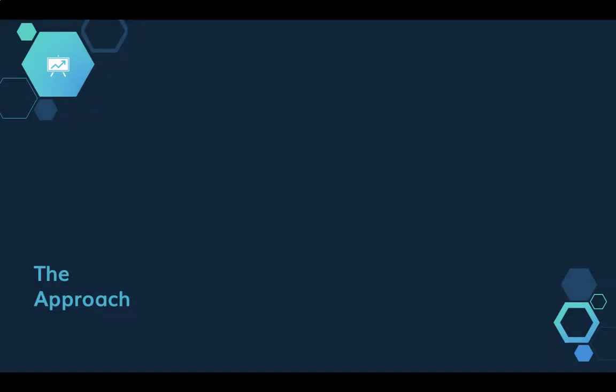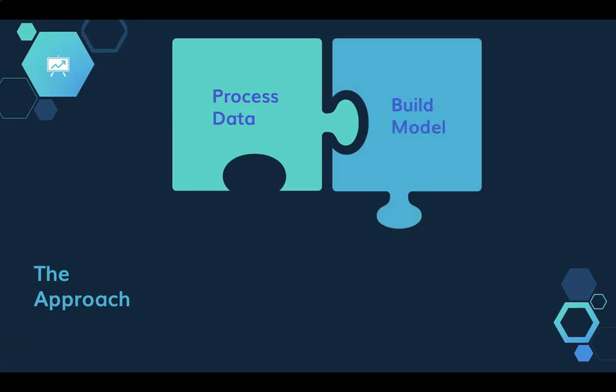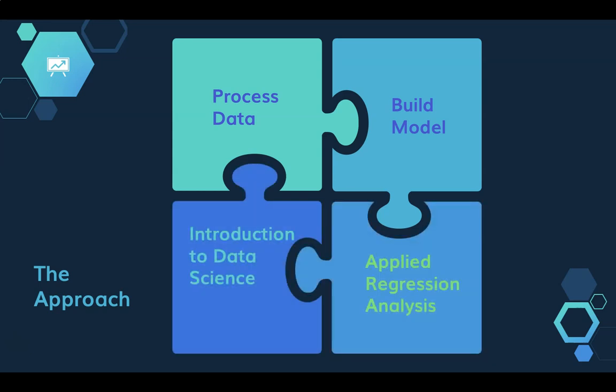The research began with nothing but a dataset and a simple tactic to process the data into a form suitable for modeling and build a linear regression model that uses card level combinations to predict trophies, which is a ranking in the game that indicates a player's ability. The approach was made possible by utilizing techniques I learned in Intro to Data Science and Applied Regression Analysis.